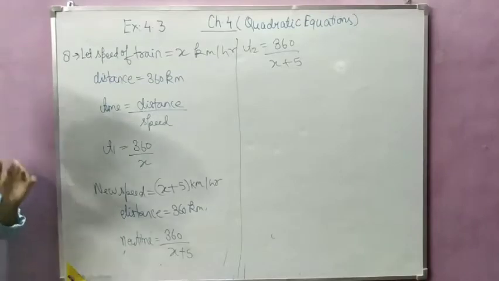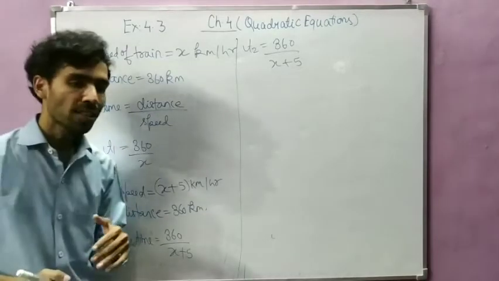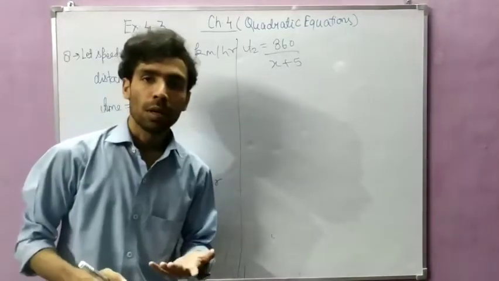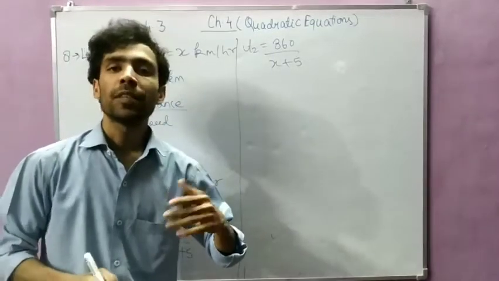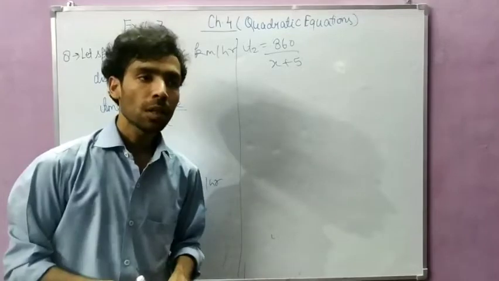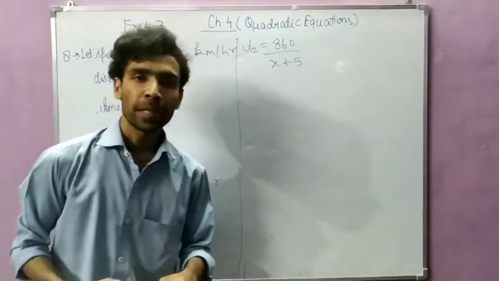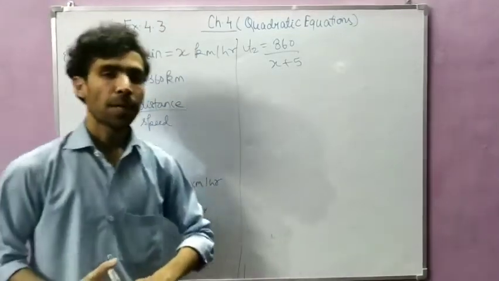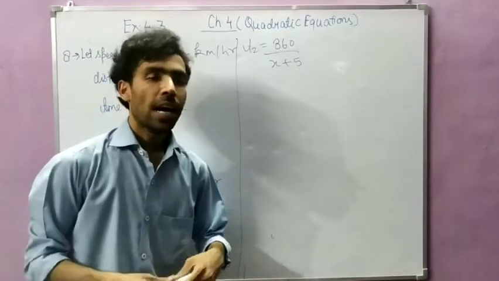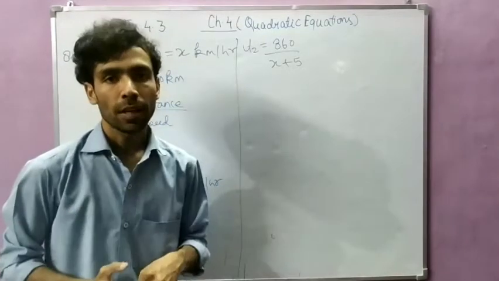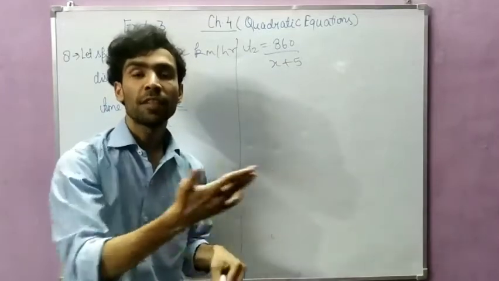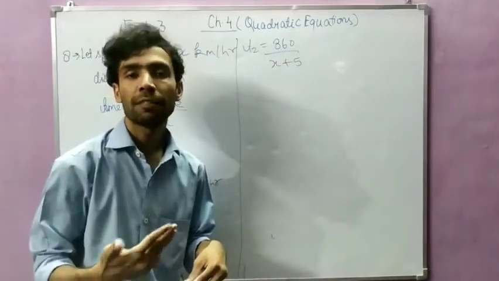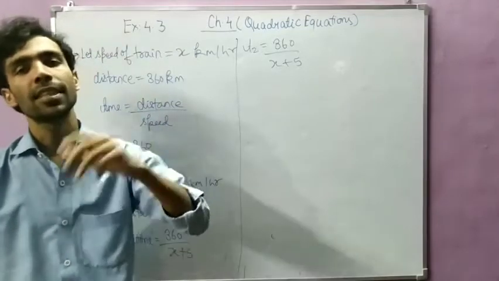Now suppose you are going to school. Suppose I am going to Lucknow, and the distance between Gorakhpur and Lucknow is 300 km, and I am going with speed 50 km per hour, and by doing that I have taken 6 hours. Okay, for going 300 km distance with a speed of 50 km, I have taken 6 hours.